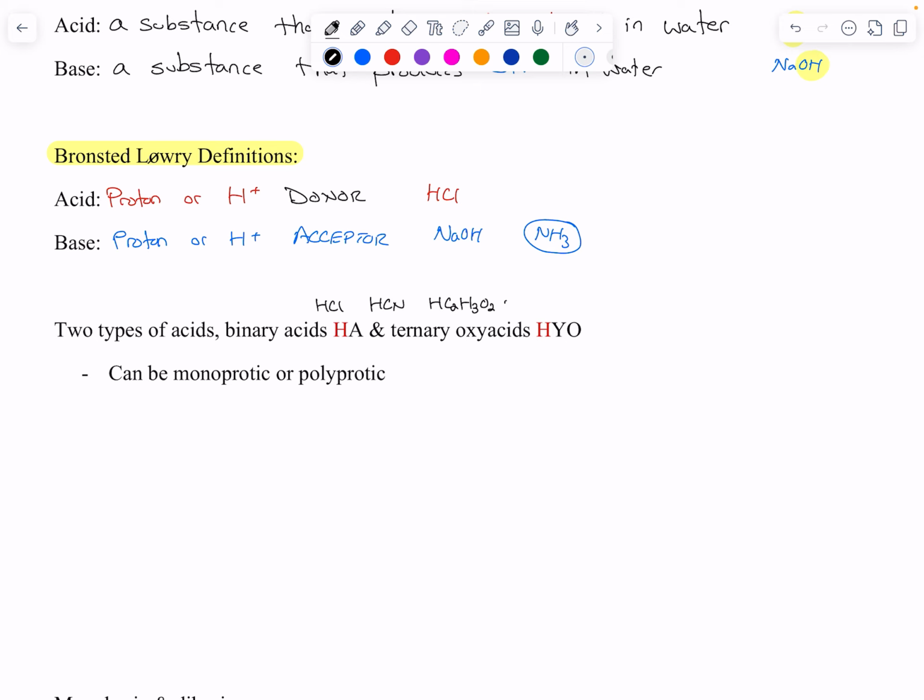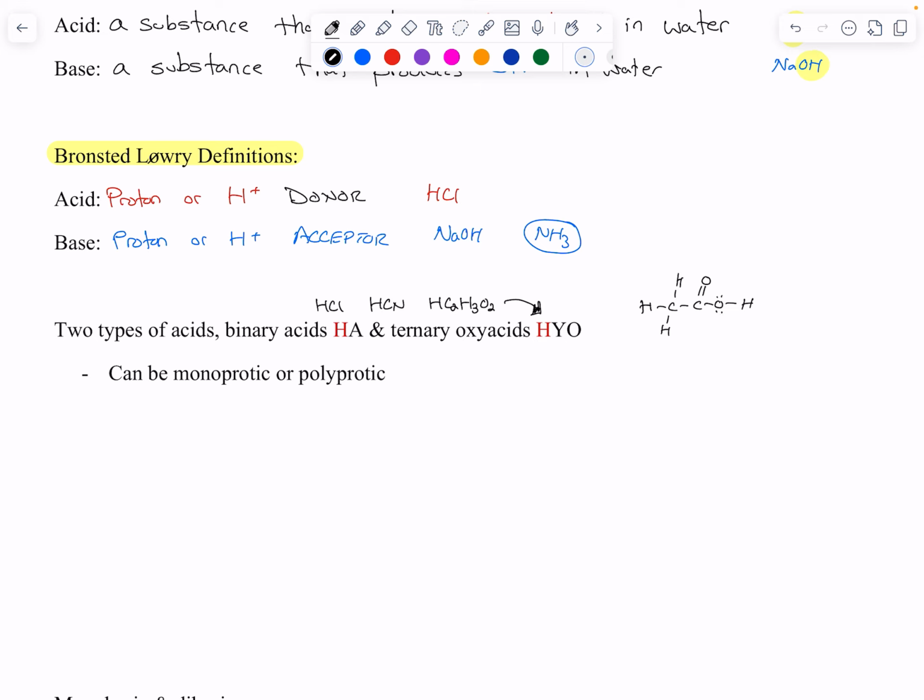That would be a ternary oxy acid, because even though it's written HC2H3O2, you guys now know bonding. That's actually an organic acid.